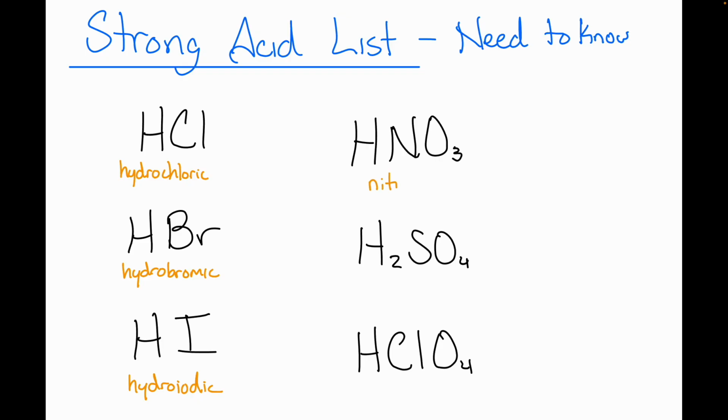HNO3 is what's called nitric acid. H2SO4 is what's called sulfuric acid. And HClO4 is what's called perchloric acid. Sometimes chloric acid is added to this list, HClO3. We're going to keep it to these 6.